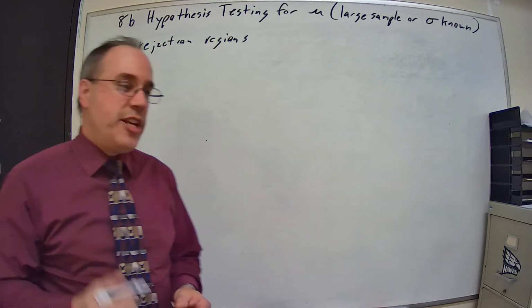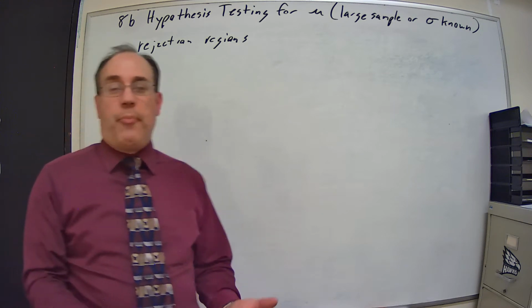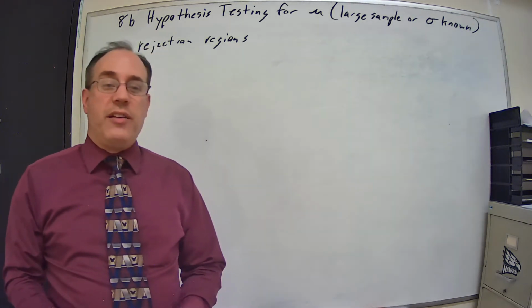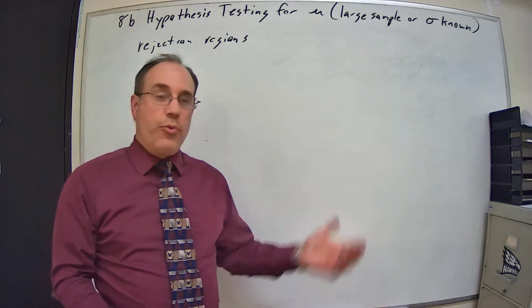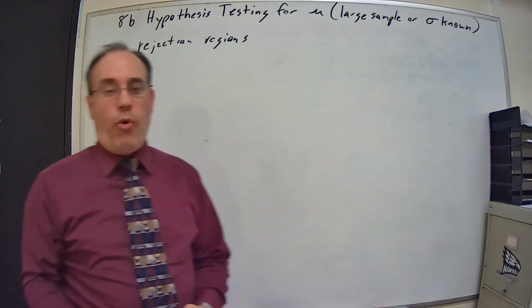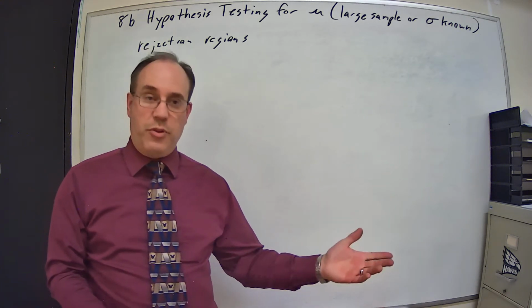Now personally, rejection regions is my preferred method of doing hypothesis testing, mainly because it works no matter what distribution we're working with, whereas you'll see that p-values only really work when you're dealing with a normal distribution, so when we're able to use the z distribution.